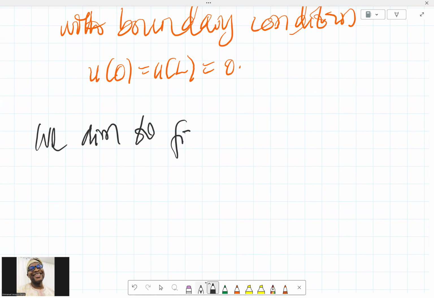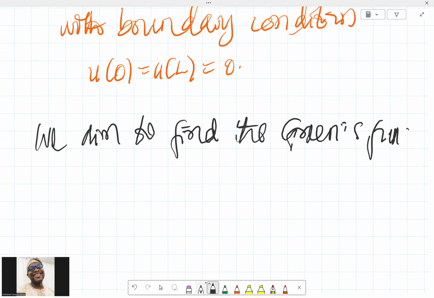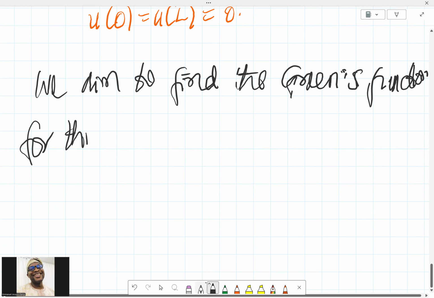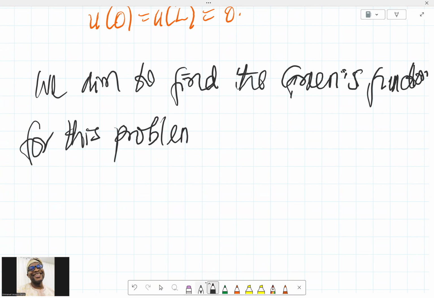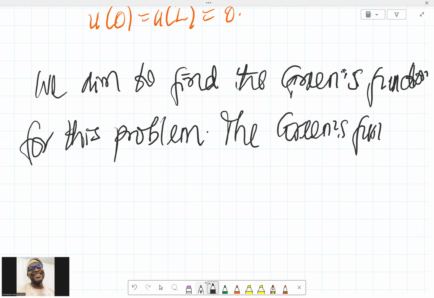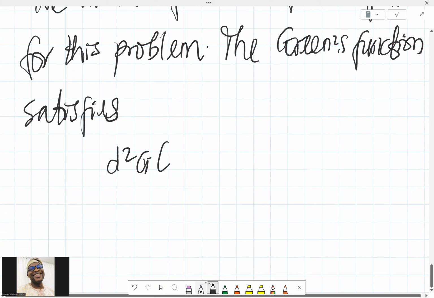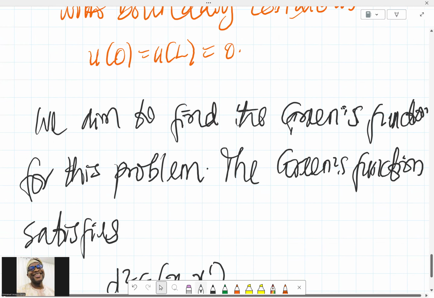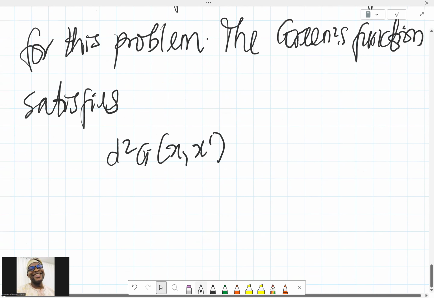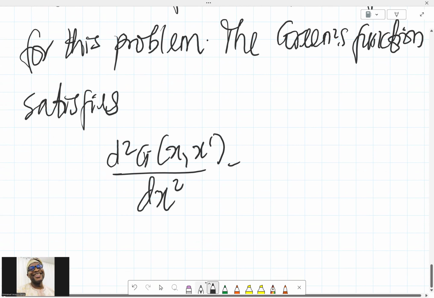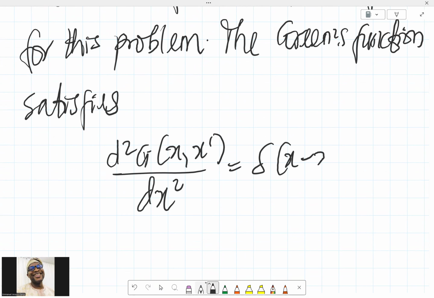We aim to find the Green's function for this problem. The Green's function satisfies d²g(x, x')/dx² equals the Dirac delta δ(x − x'), it being a second derivative, right?